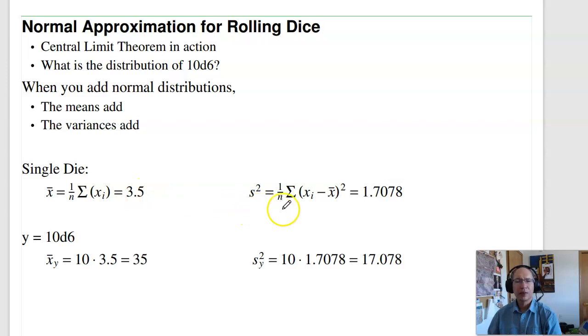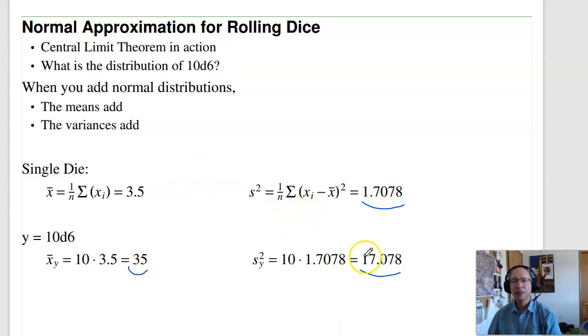The variance is the average of the squared distance from the data to the mean. So it's going to be (1 minus 3.5) squared plus (2 minus 3.5) squared, and so on, divided by 6. The variance is 2.92. If I have 10 six-sided dice, the mean will be 10 times the average, 35, and the variance will be 10 times the variance of a single die, 29.17.